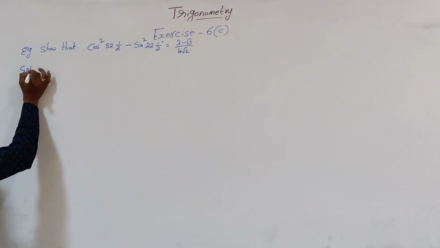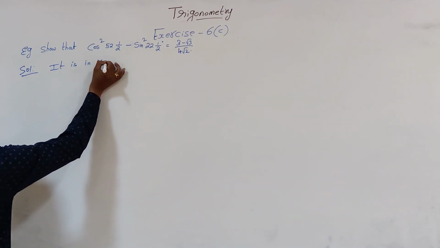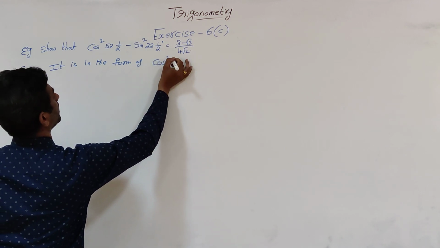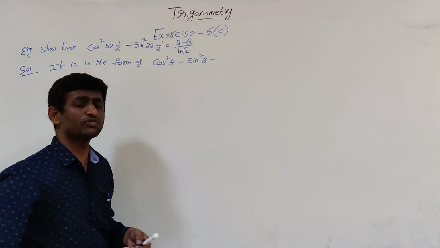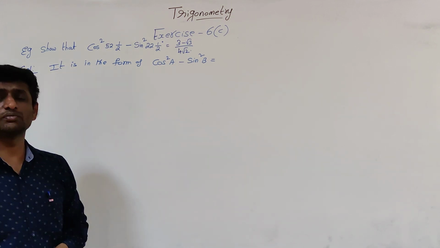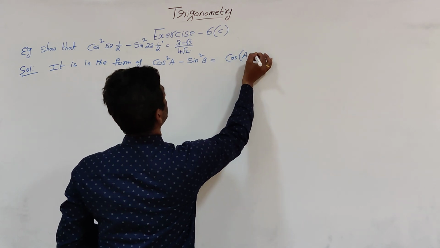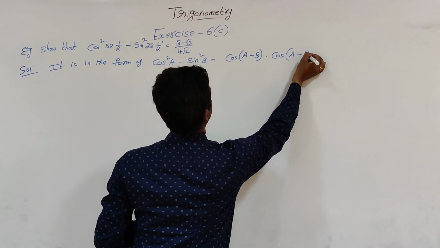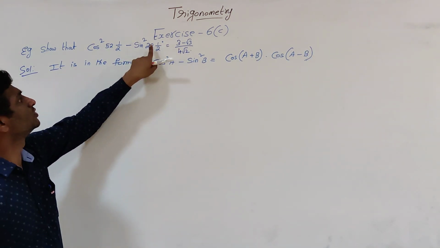Solution. It is in the form of cos square A minus sin square B. What is the expansion of cos square A minus sin square B? It is cos of A plus B into cos of A minus B, where A is 52.5 degrees and B is 22.5.